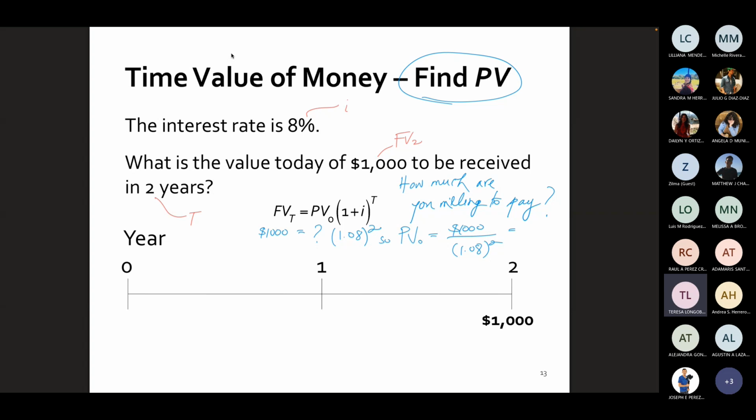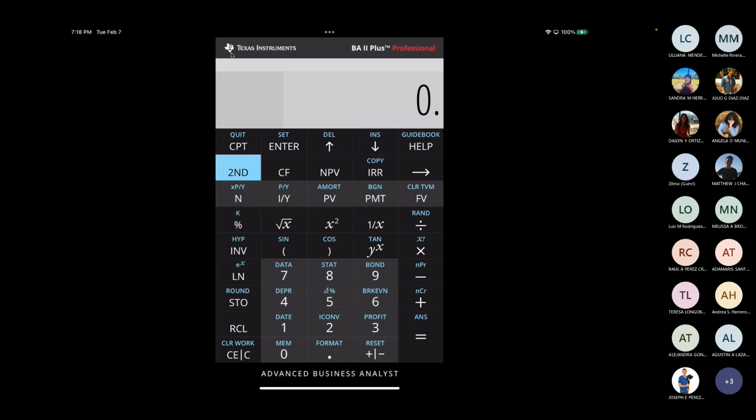So mathematically, how do I solve that? I can just do 1,000 divided by 1.08, and I can square it on the bottom to get the result.